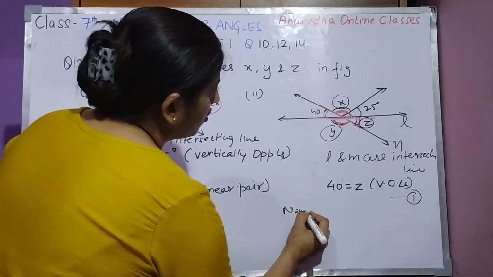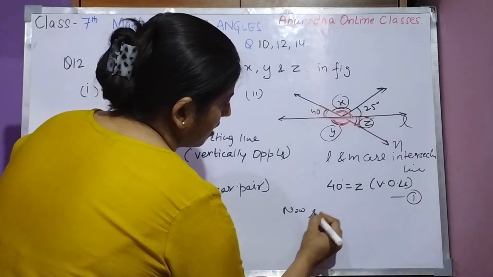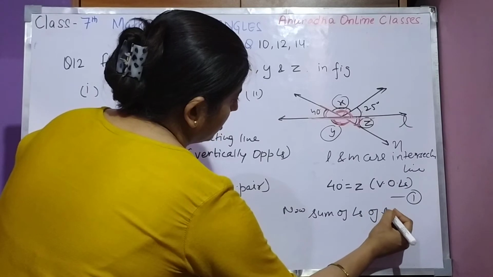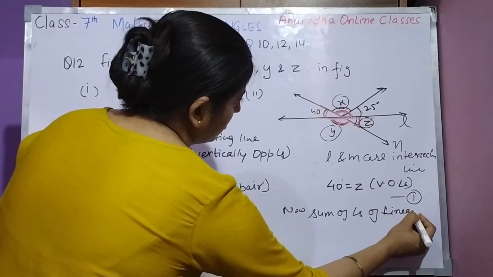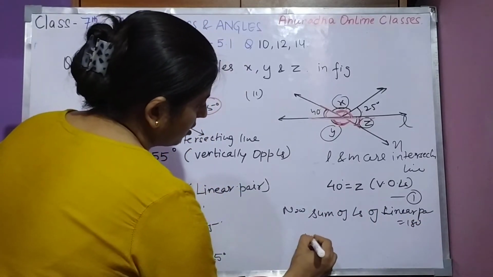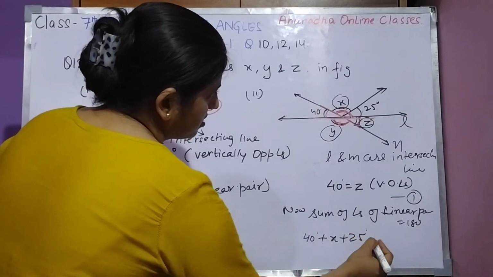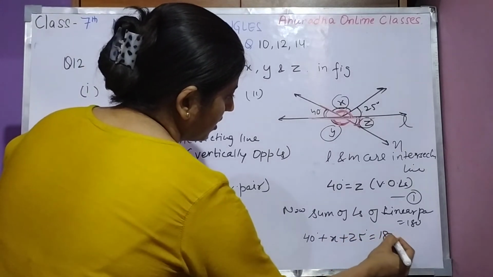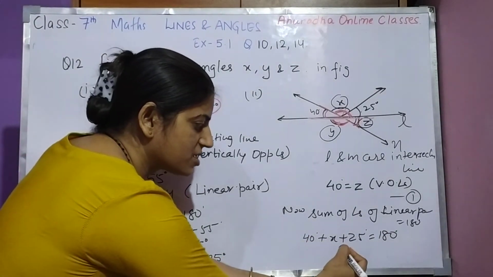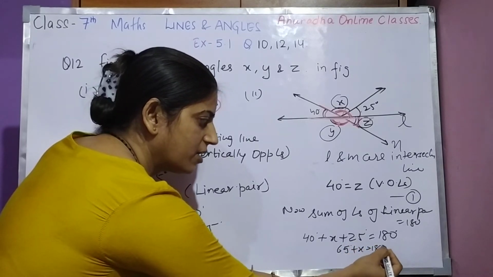Now the sum of the angles of a linear pair is equal to 180 degrees, right? So 40 degrees plus x plus 25 degrees is equal to 180 degrees. Okay, so 40 plus 25 is 65 degrees, plus x equals 180 degrees.